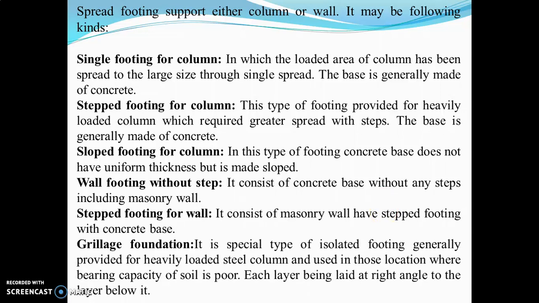Last one is grillage foundation. It is a special type of isolated footing generally provided for heavily loaded steel columns and used in those locations where bearing capacity of soil is poor. Each layer is laid at right angles to the layer below it.